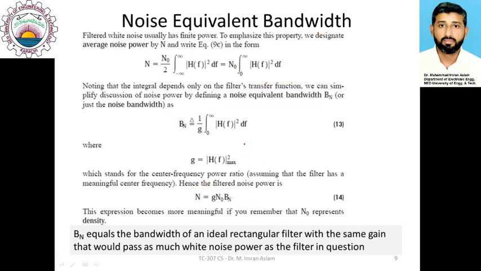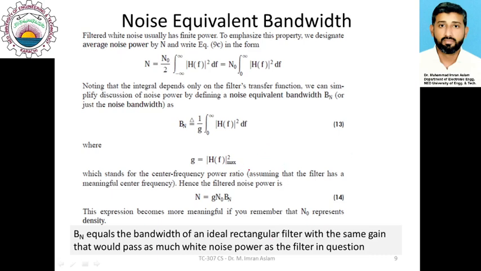Practically, what is the noise equivalent bandwidth? As I mentioned, the filters have some transfer function that has a certain decay. What we do is replace that transfer function with a rectangular filter, so the filter response is represented by a rectangular filter, and we make the condition that whatever noise is present in the system is confined to that rectangular filter.